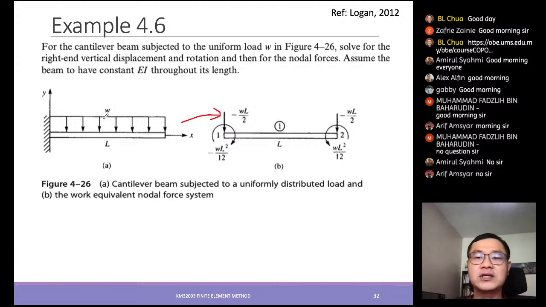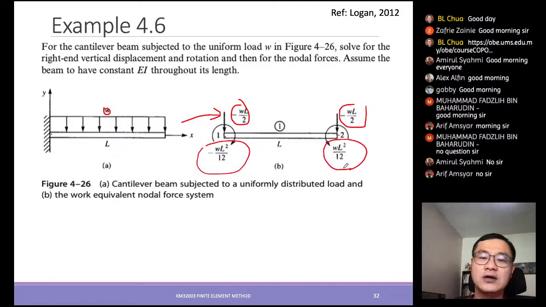This is W. If we just want to break it into two nodes, node 1 and node 2 with one element, then for element number 1 it should be WL over 2, WL over 2. For the moment it is WL square divided by 12, WL square divided by 12. So very straightforward, right?